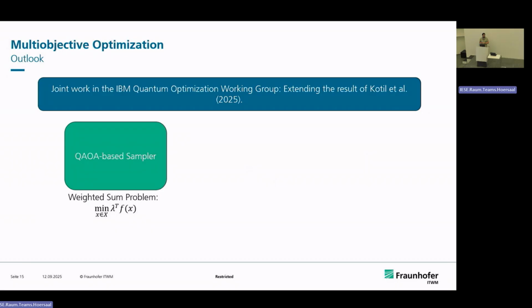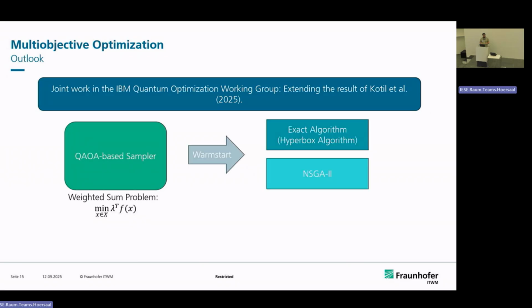We are also, and this is what current work is, we try to extend the results of Cotil et al. with the QAA-based sampler, and the idea here is now that we try to use the QAA both as a warm start, for example, for an exact multi-objective algorithm, but also, for example, for the NSGA2.